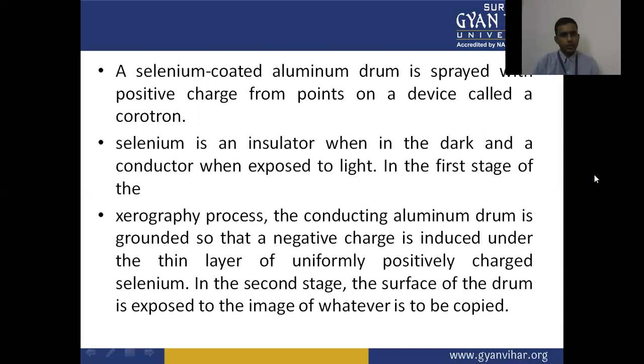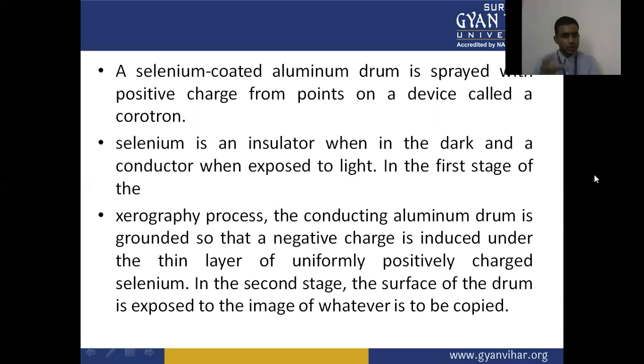In the first stage of the xerography process, the conducting aluminum drum is grounded so that a negative charge is induced under the thin film of uniformly positively charged selenium.